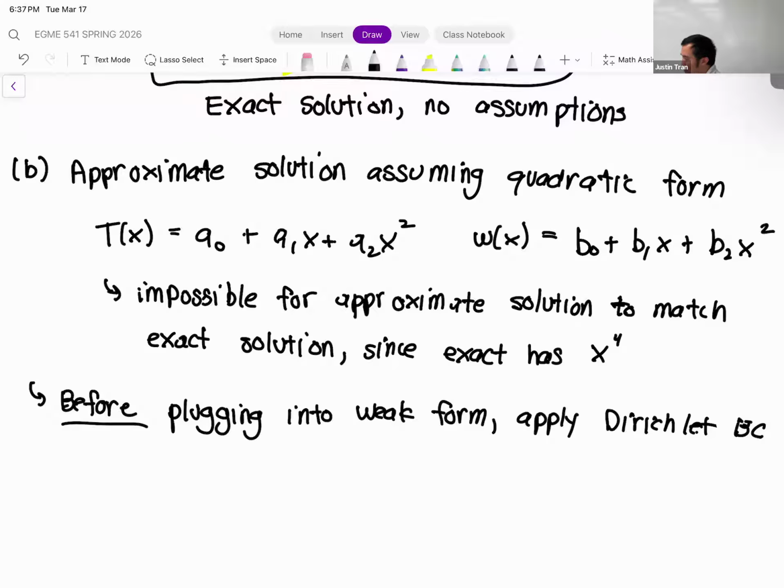We apply our boundary conditions first, and then we plug it into the differential equation. Whereas for the strong form, we go the opposite direction. In the strong form, we start with the differential equation, we apply our boundary conditions, and then we get our solution from there. The reason we're applying our Dirichlet boundary conditions is that we already have a form of our solution, and so we can apply our Dirichlet boundary condition to our assumed form, and that's going to allow us to solve for, usually, at least one of the coefficients.